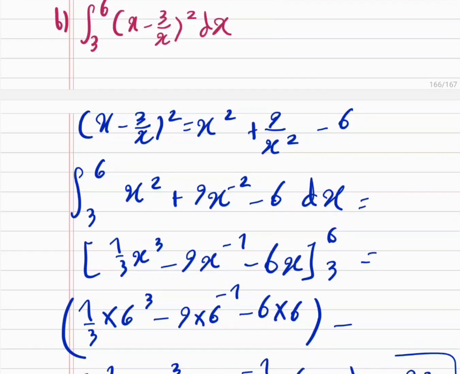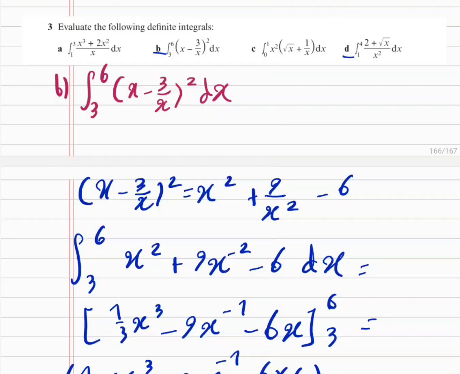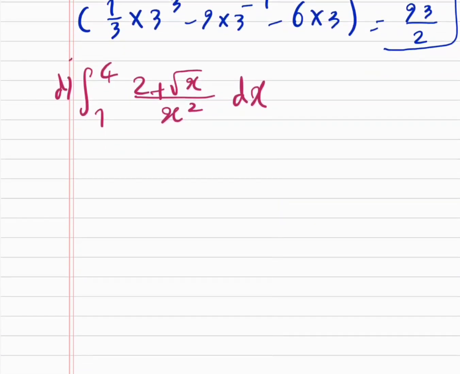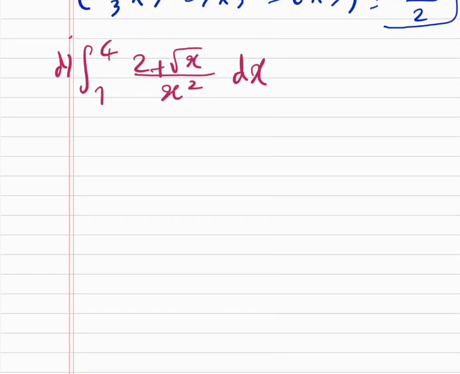Okay, so now let's do part D. So now we have (2 plus root x) over x squared. The first step is rewriting this in the form x to the power of n. It's better to first split the main fraction into two fractions.